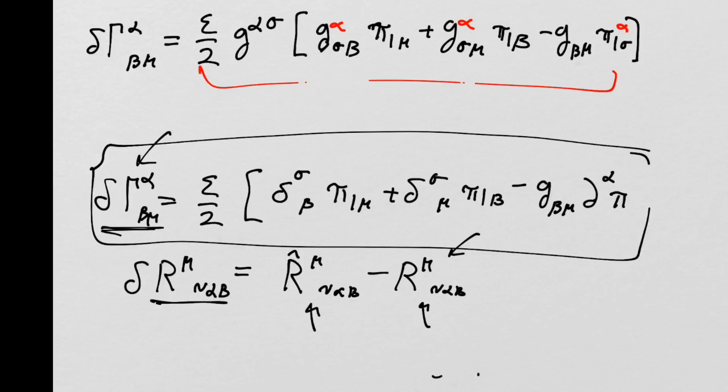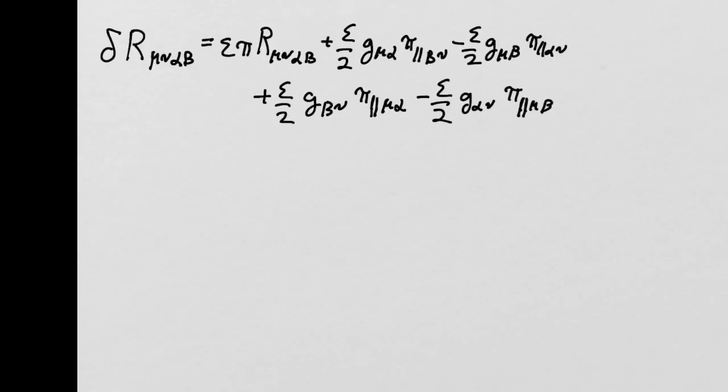It's a big mess. And then once I have those, I have to calculate R, A, B, and the variation in R. Fortunately, this has already been done, and I will write the answers out right here just so you can see them. For example, the variation in the fully covariant component form of the Riemann tensor is given by this expression.